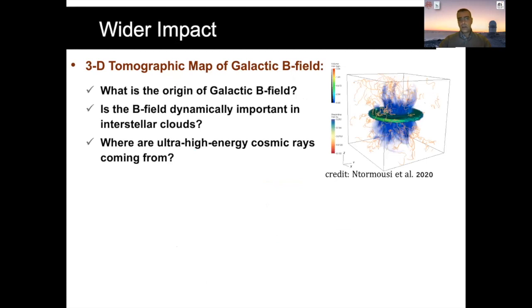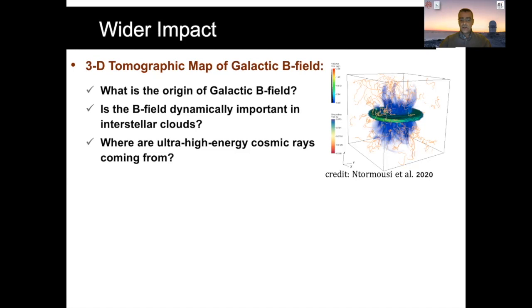So although PASIPHAE science is driven by the hunt for B modes in the polarization of the CMB, its impact will be very wide. First of all, the 3D tomographic map of the galactic magnetic field direction by itself will revolutionize our ability to approach questions such as what is the origin of the galactic magnetic field? Is the magnetic field dynamically important in interstellar clouds?